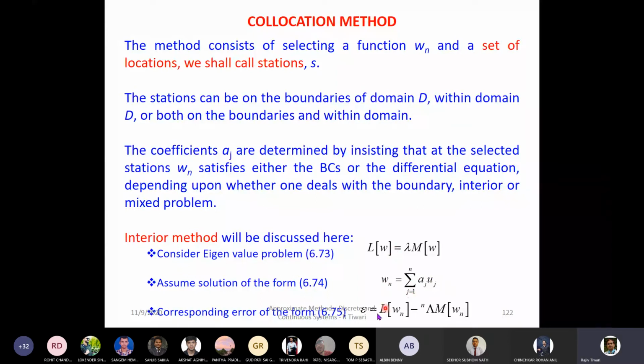Once we substitute, we get an error, like in the Galerkin method. Up to this point it looks similar to the Galerkin method, but from here it deviates. How does it deviate? In the Galerkin method, we minimize this error over the domain, integrate, and equate to 0. But here we are not integrating.